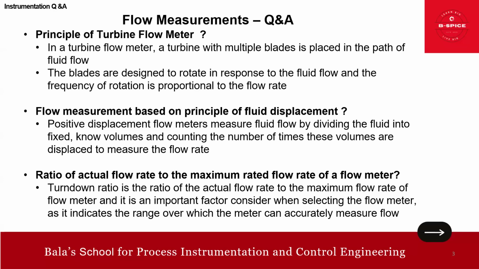So turndown ratio is the ratio of the actual flow rate to the maximum flow rate of the flow meter, and it's an important factor we need to consider when selecting the flow meter because it indicates the range over which the meter can accurately measure flow. Very, very important factor.